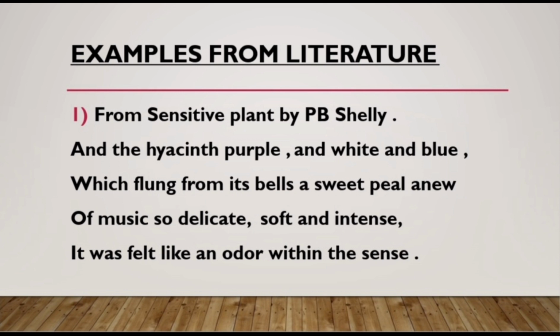So the varicolored bell-shaped flowers of the hyacinth send out a peal of music which affects the sensation as if it was describing the scent of the flower hyacinth. So it is a very beautiful example which makes us understand the concept of synaesthesia in a better way.